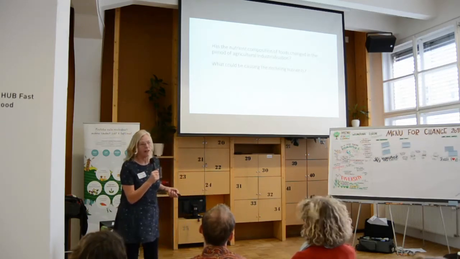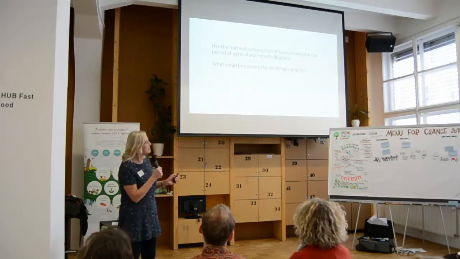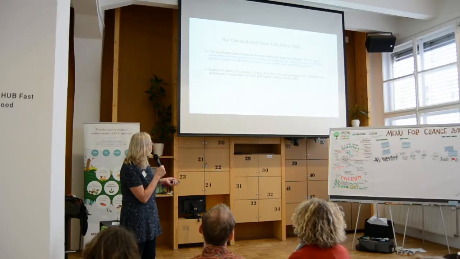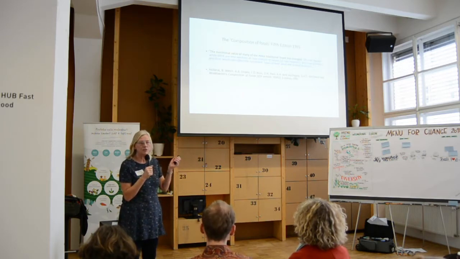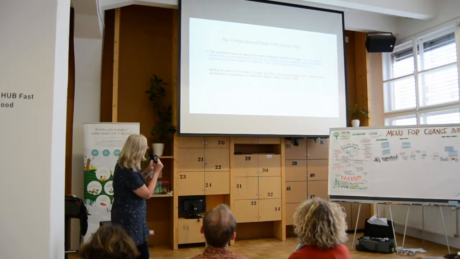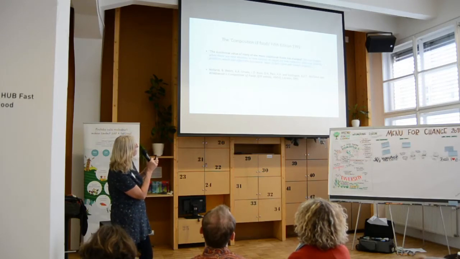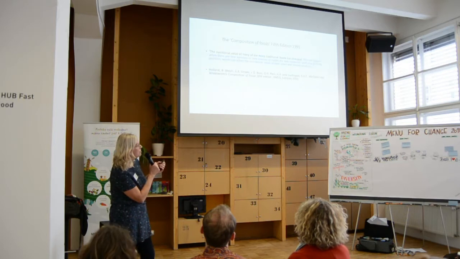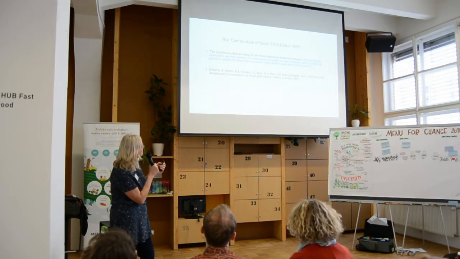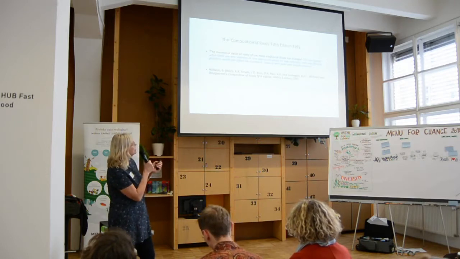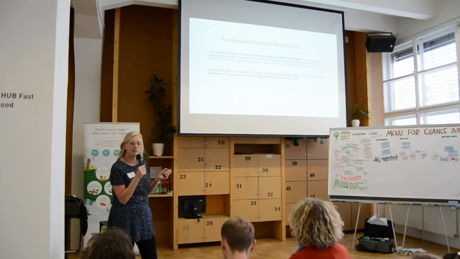So, yeah, the next question: what could be causing this? In the introduction to the composition of food tables, this is what they said. This can happen when there are new varieties or new sources of supply of raw materials, new farming practices that can affect the nutritional value of both plant and animal products.